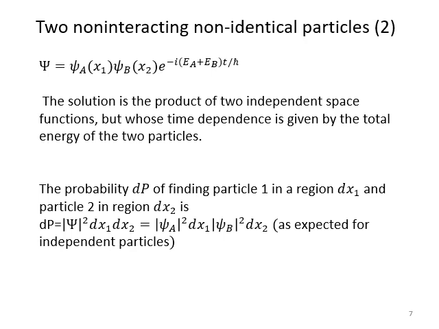And that is the probability of finding particle A in region dx1 times the probability of finding particle B in dx2. And that's just what we would expect if the particles were independent of one another. But when we get to identical particles, it's going to be a little bit more interesting.